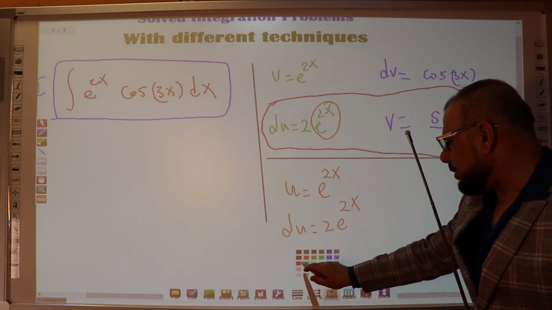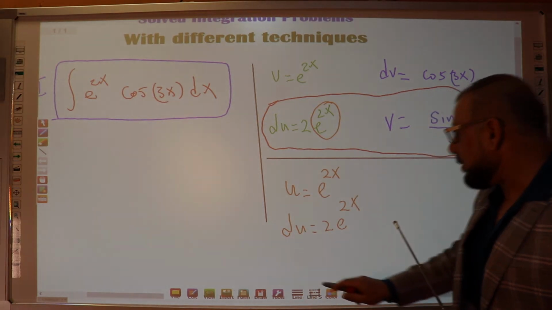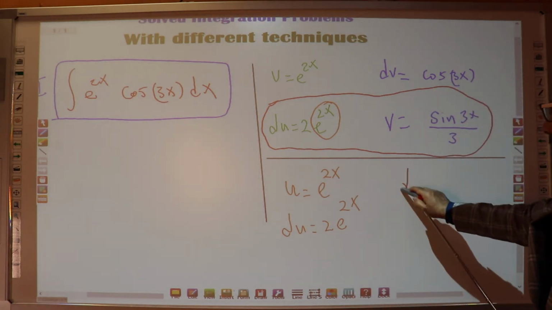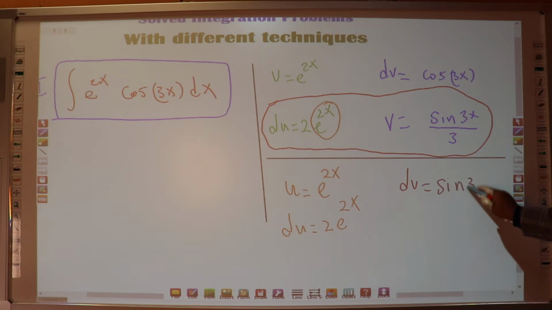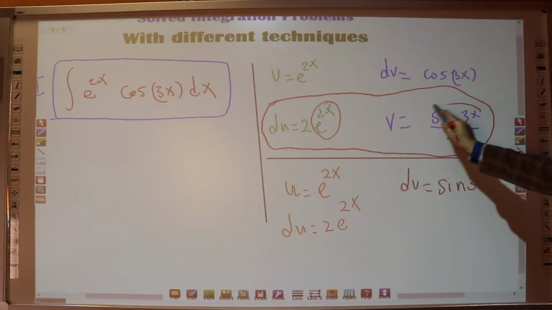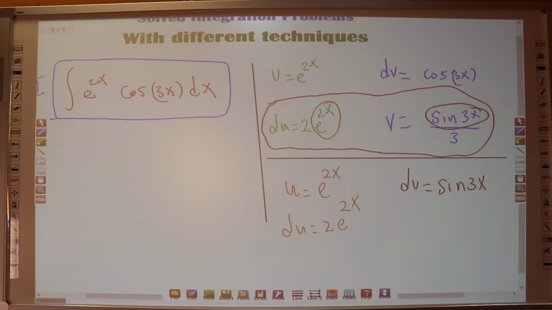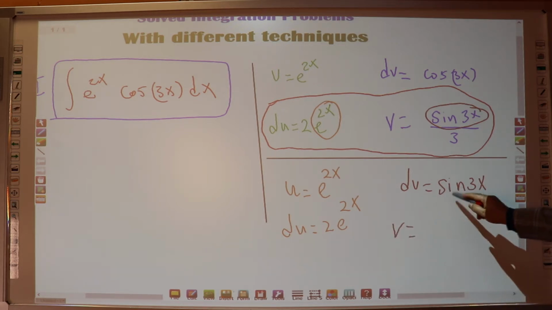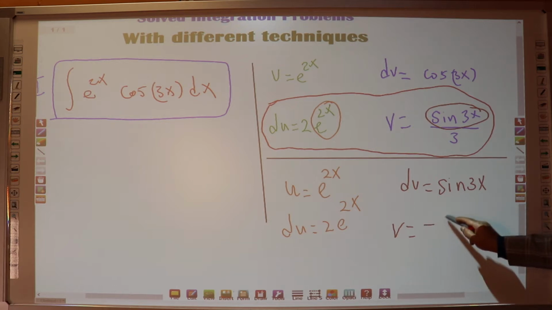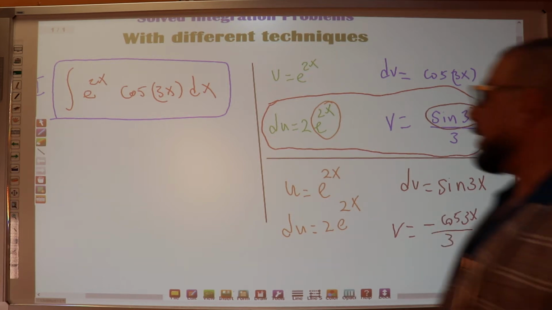Now dv will be sine 3x. I'm going to use only the sine, and v equals the integration of sine, which is negative cosine 3x over 3. Then I have all I need.